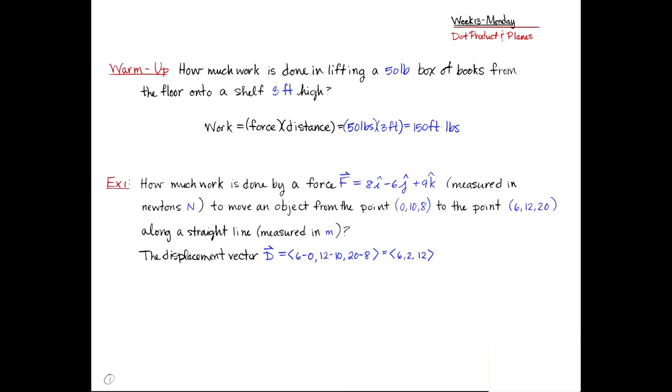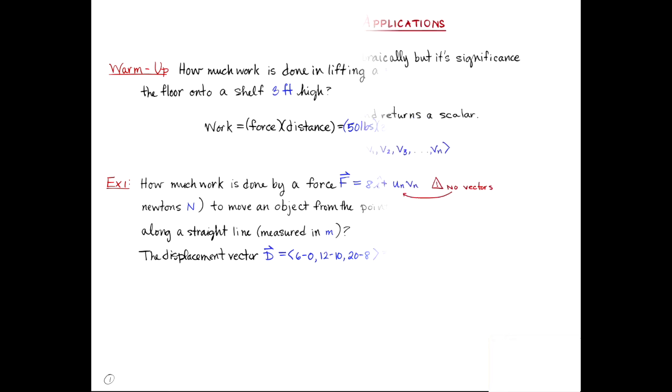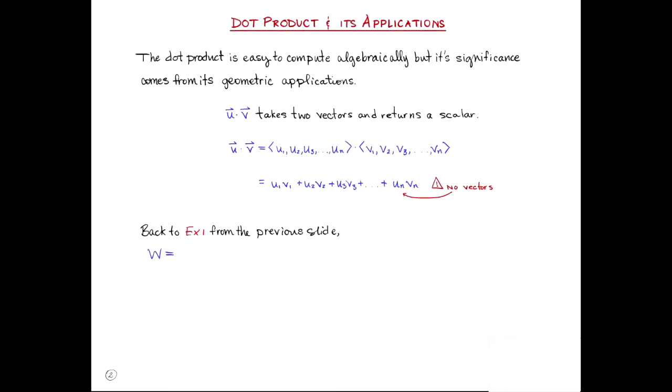How can we find the work done, which is a scalar, when our force and our displacement are both in terms of vectors? We need some other idea that introduces multiplication, but in the context of vectors. And we call that the dot product. So algebraically, the dot product takes two vectors and it returns a scalar.